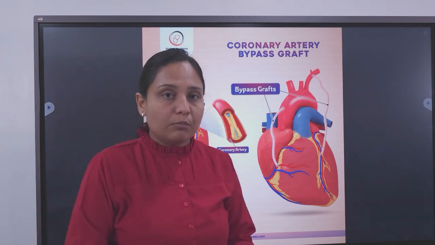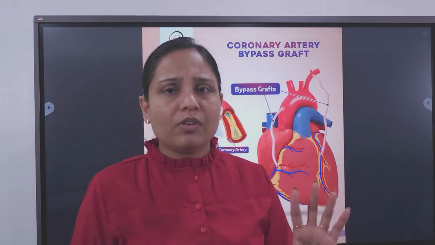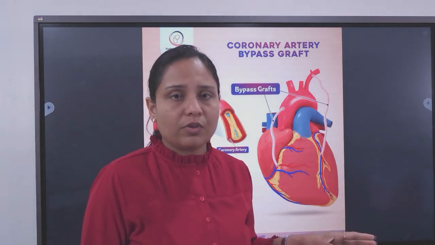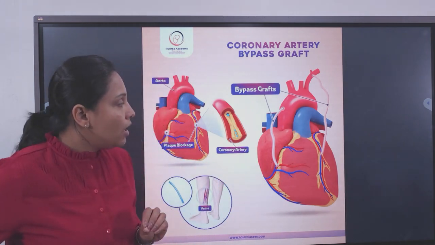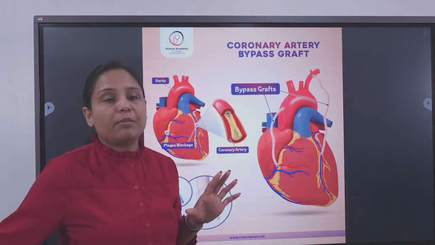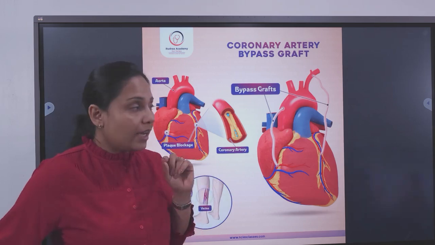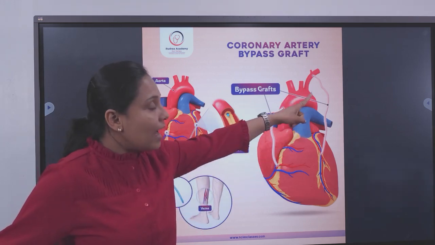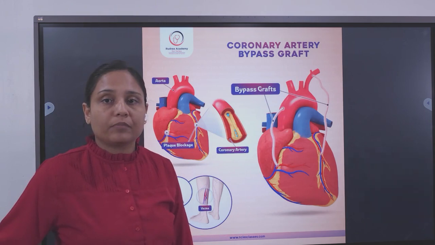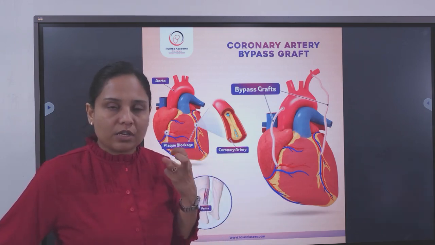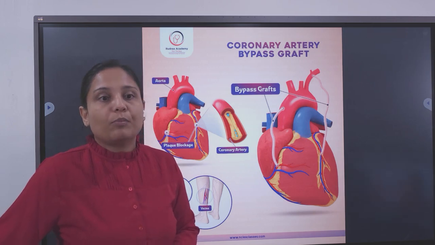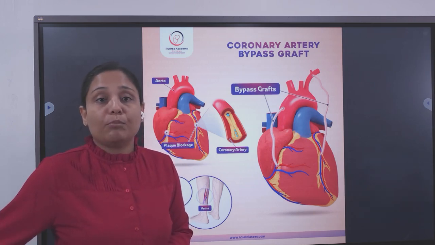For you, what is important is that ICU will be taking care of the patient, the patient will be connected to the ventilator, all those things are okay, but after this procedure it's very important to monitor the patient for complications. There is a chance that this graft can get blocked. Sometimes if the patient's blood pressure is very low, this graft can get blocked.